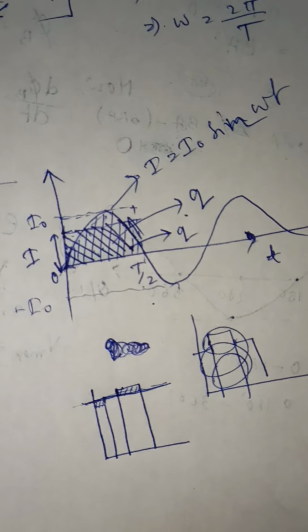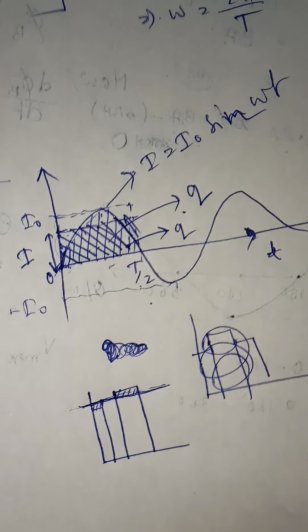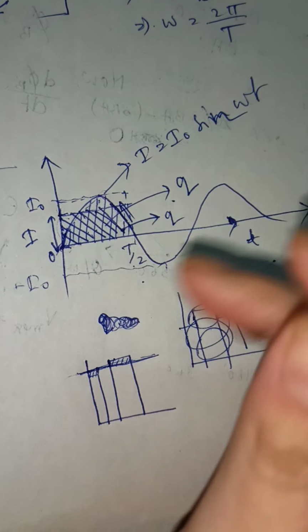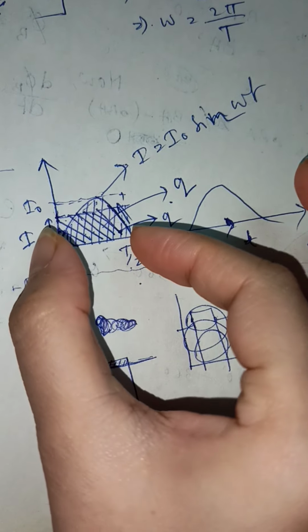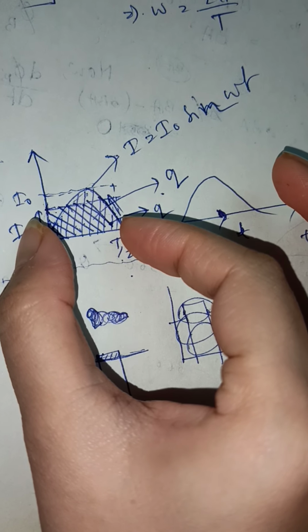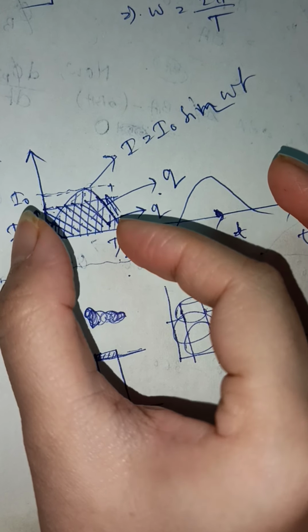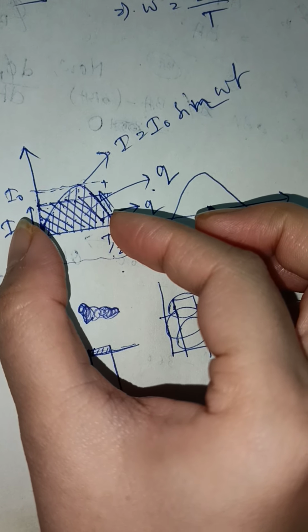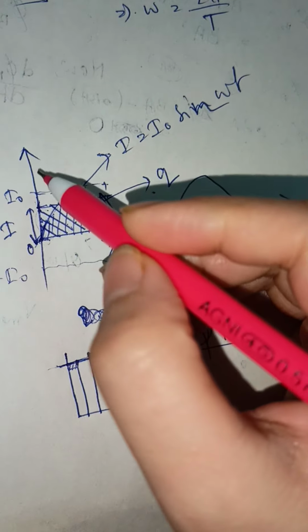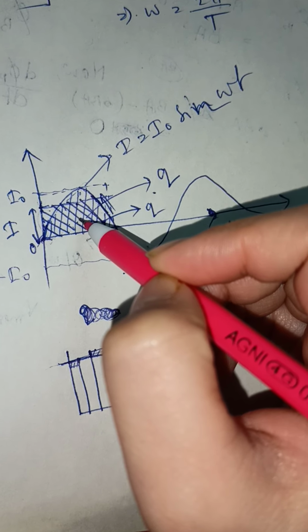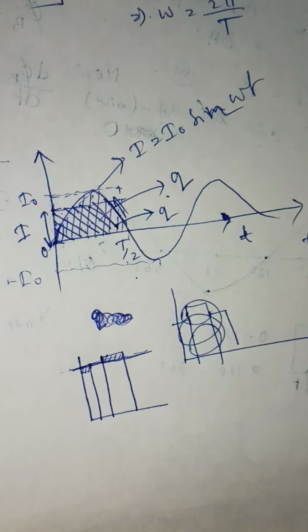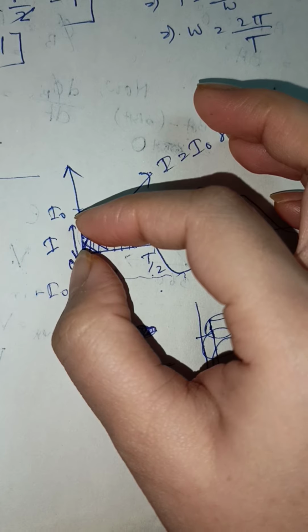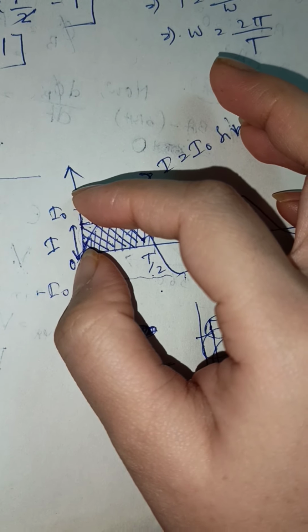So exactly similarly, we can say that if the width of both graphs is the same, both are T by 2, both lie within 0 to T by 2, and if the area of both curves is exactly the same, then I indicates the average value of I naught.